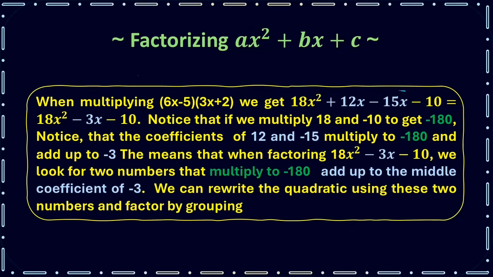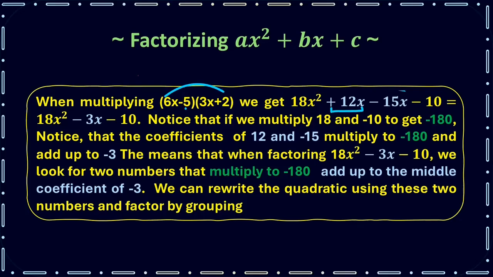We have 6x minus 5, 3x plus 2. When we multiply the two factors, 6x times 3x gives you 18x squared. Then we have 6x times 2. That results in 12x.